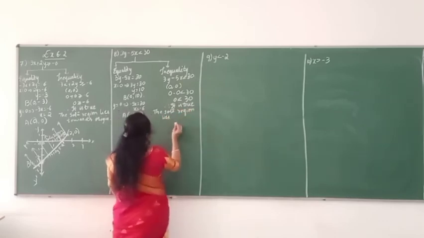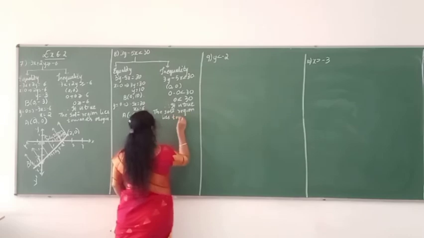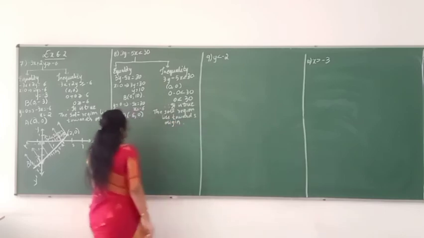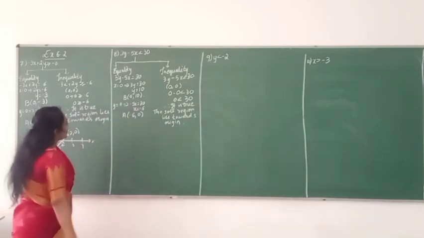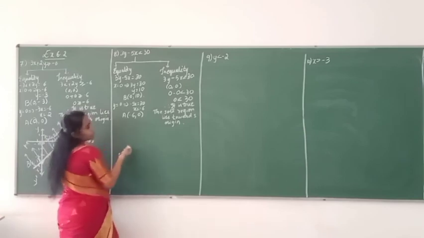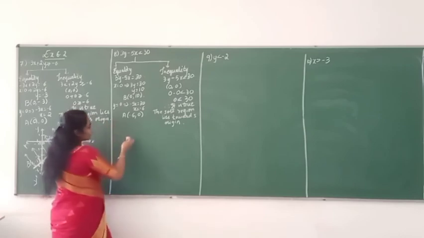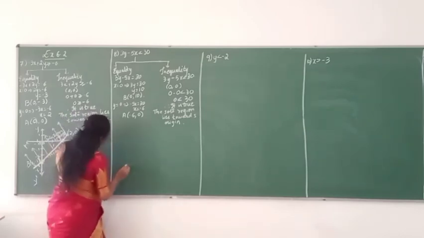The solution region lies towards the origin. Now just check with the points here. So here we are having minus 6, which comes on the x dash of the axis, and here it is 10, which will be on the y dash of the axis.